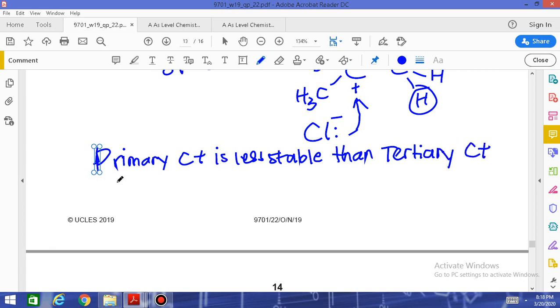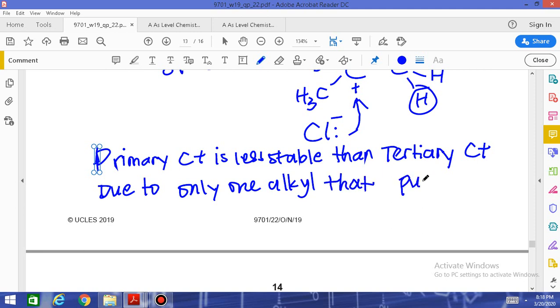carbocations. Why? Because a primary carbocation has only one alkyl, so it pushes less electron density toward the carbocation.